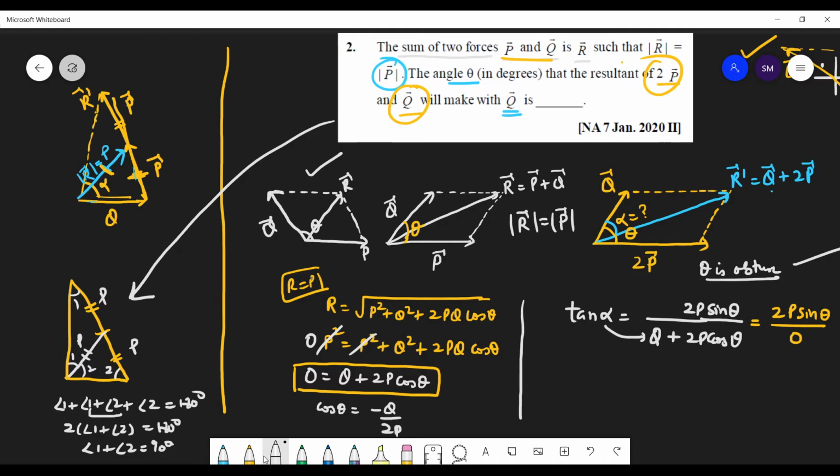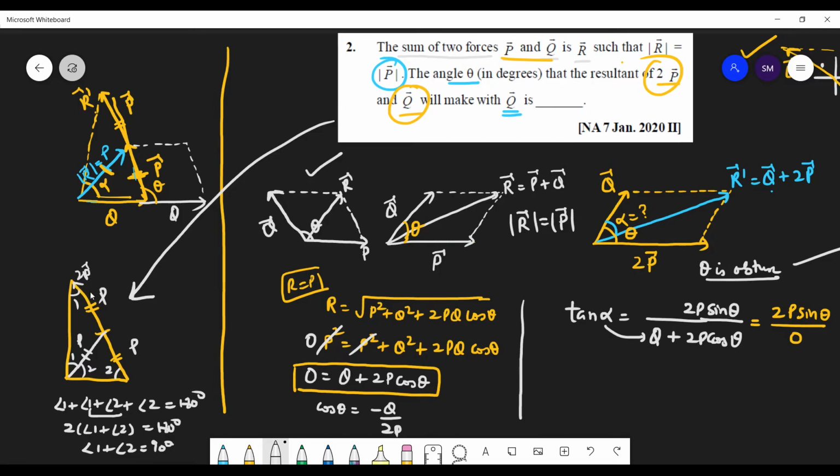And see here, the angle between Q and P is obtuse. This is Q, this is the resultant here, and this is P. We want to find the angle between them. This angle between P and Q is theta, which is obtuse. And from here also, this is 2P.